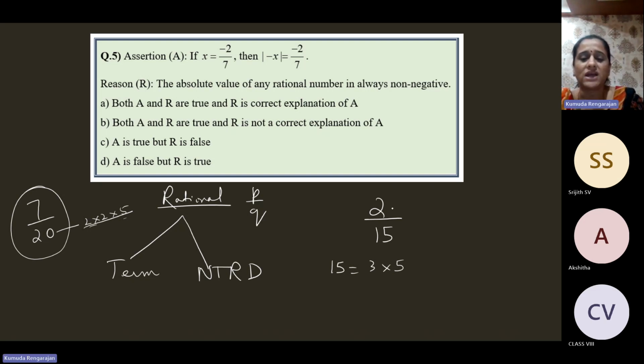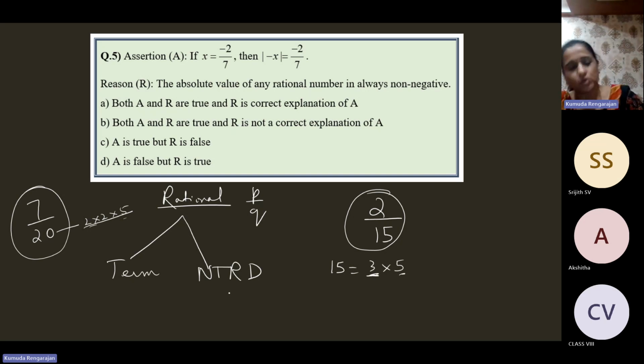But when you consider the rational number 2 by 15, which is in the simplest form, the denominator 15 has prime factorization 3 into 5. 5 is fine, but 3 is other than 2 or 5. So when you divide 2 by 15, the division will go on and on. It will not come to an end, and the quotient will be a non-terminating repeating decimal.